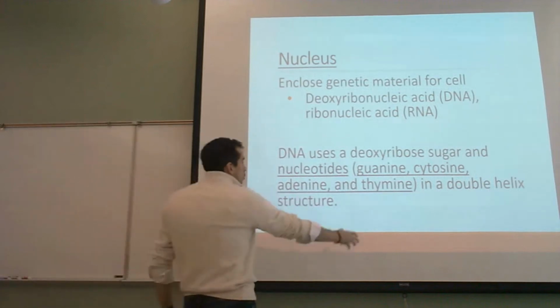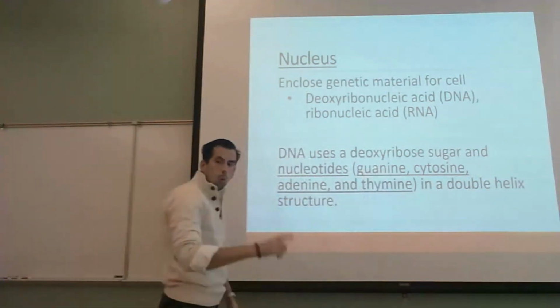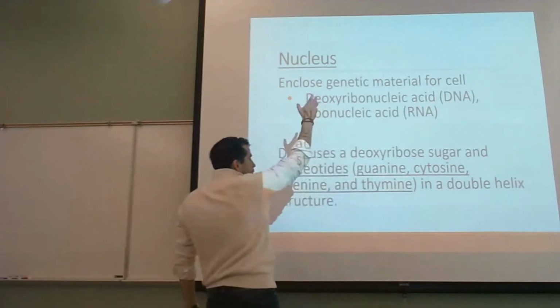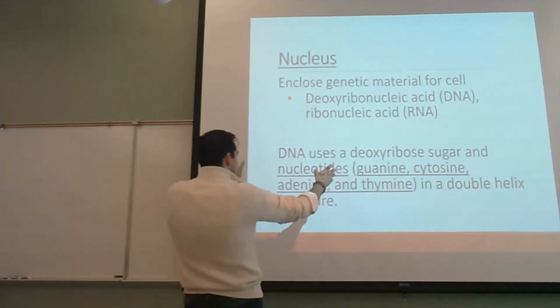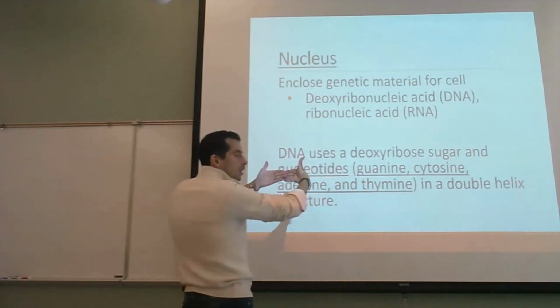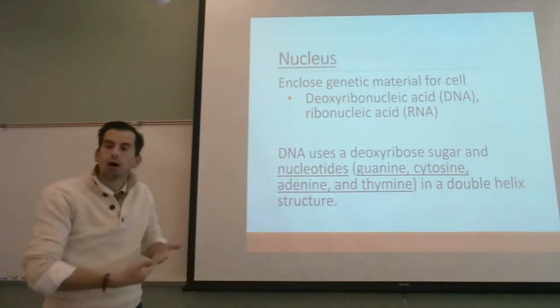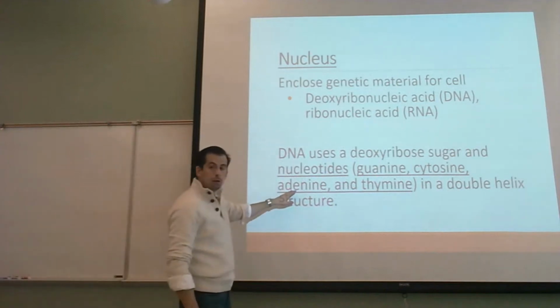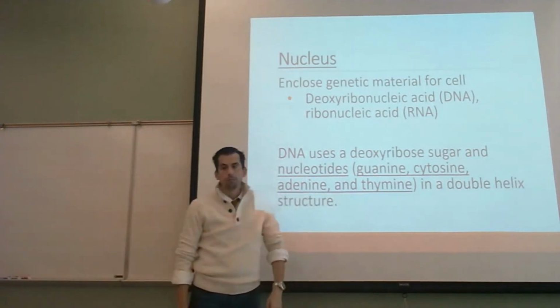On one side, you'll have guanine. Guanine always only ever binds to cytosine. So on one strand, you'll have a guanine. On the other strand, you'll have a cytosine. They'll bond together to form one rung of that ladder analogy. Adenine always binds to thymine.